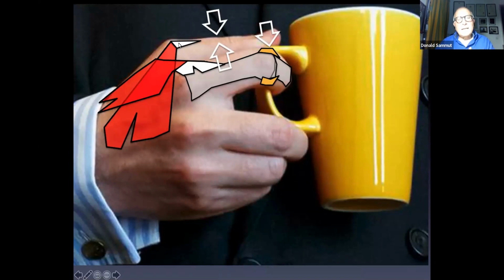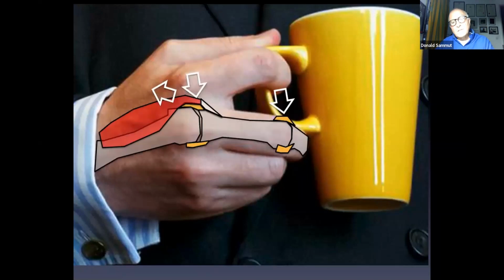You can see that here the adductor and the first dorsal interosseous are both working together to stabilize this index. And of course, it also depends on the integrity of the collateral ligaments of the PIP joint. And you could go further and consider the interossei doing exactly the same thing with this other finger and stabilizing and lifting, supporting the weight of that mug.